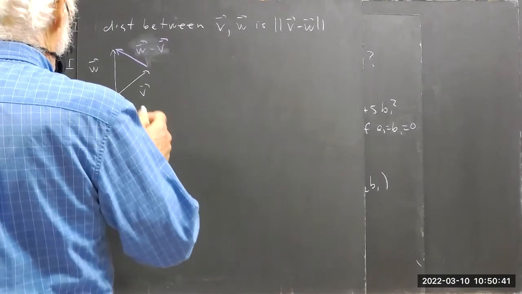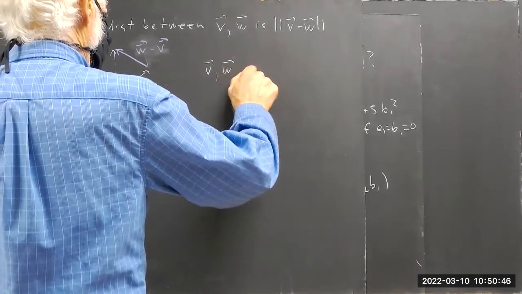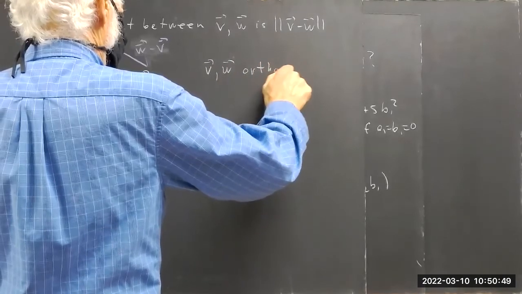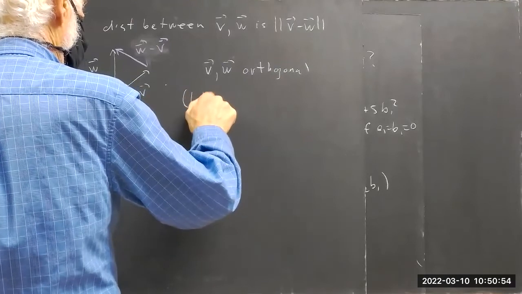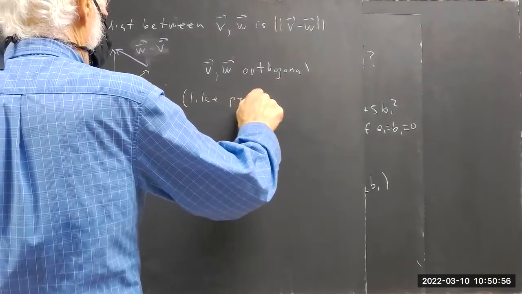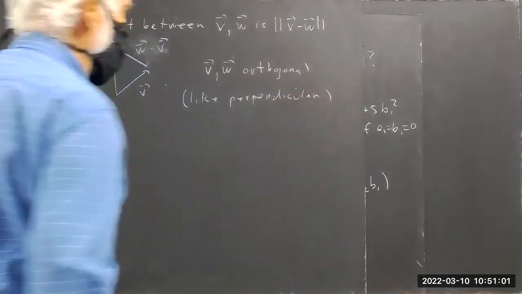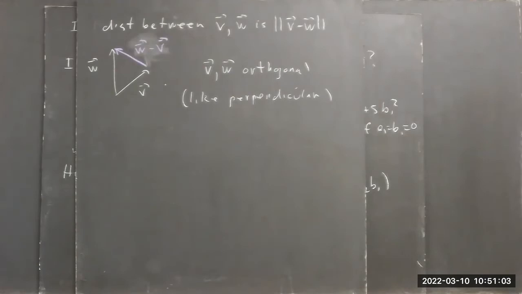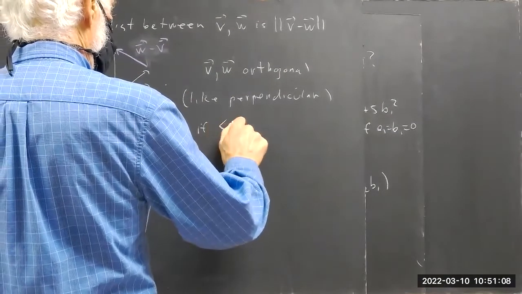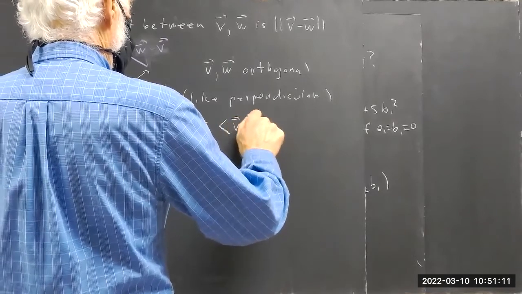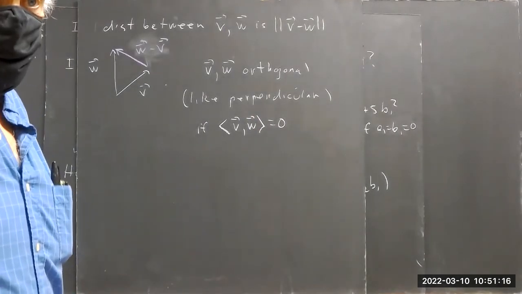Okay, quickly. B and W are orthogonal, which is like perpendicular, if they have an inner product of zero. Okay.